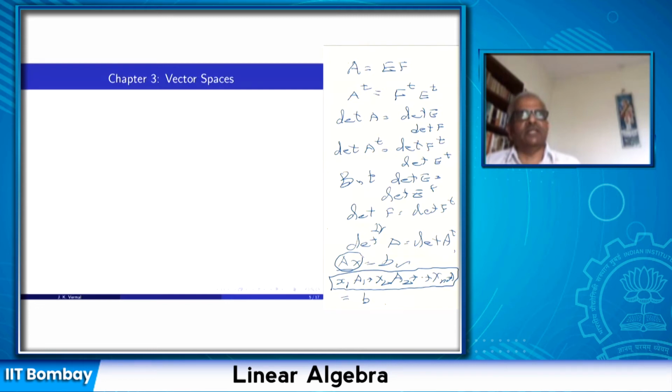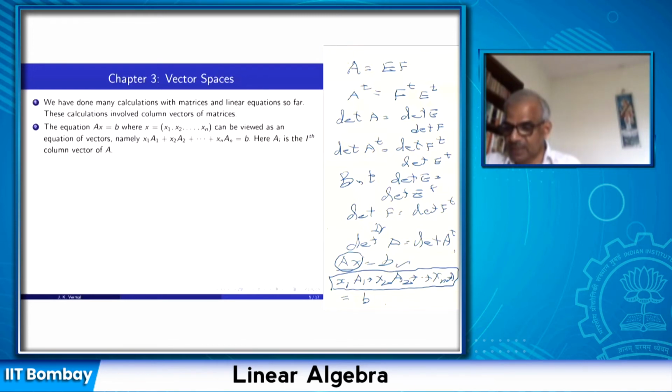The Gauss elimination method works on any matrix. But if I know the structure of the matrix, then there are better methods for solving systems of linear equations. But now in this chapter, we study the basics of vector space theory, and we will see that it gives better insight into the nature of a coefficient matrix and the nature of solutions of a given system of linear equations.